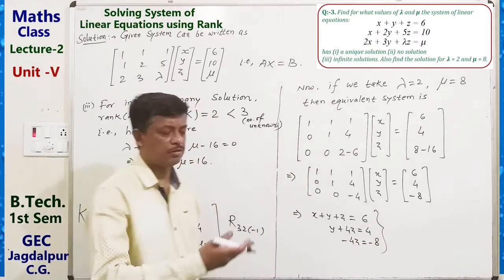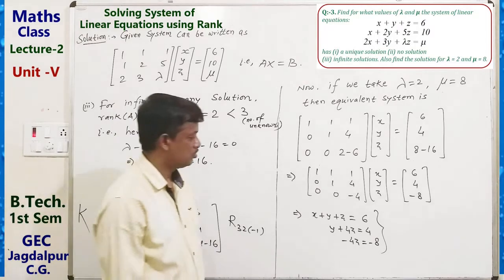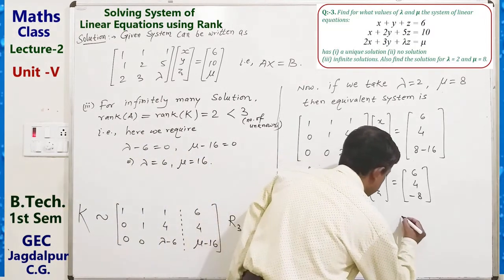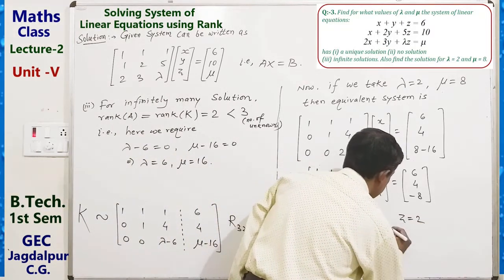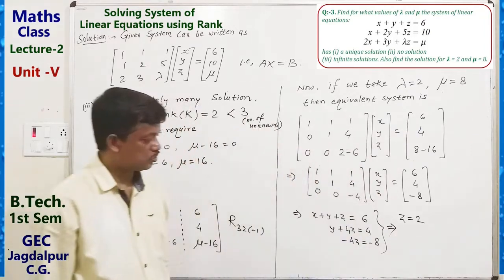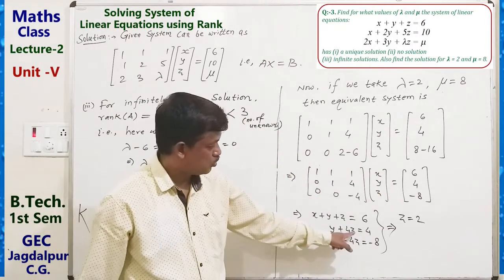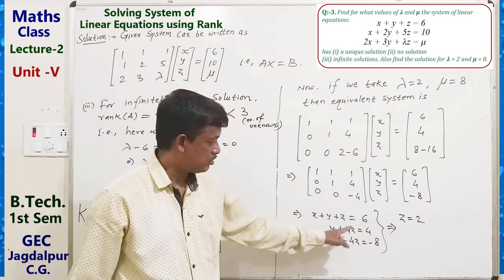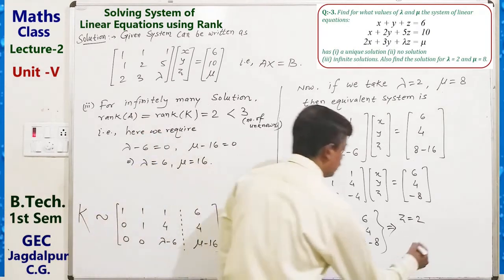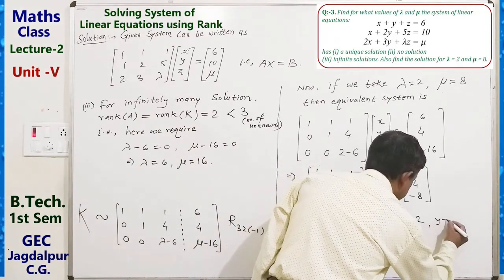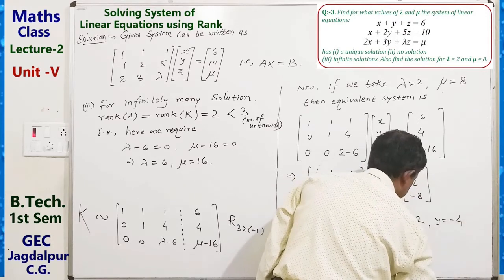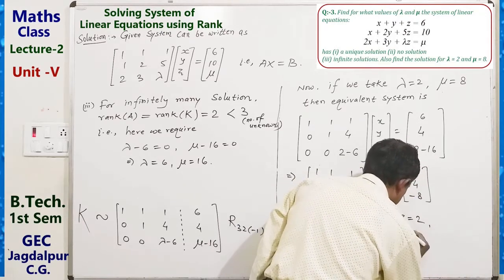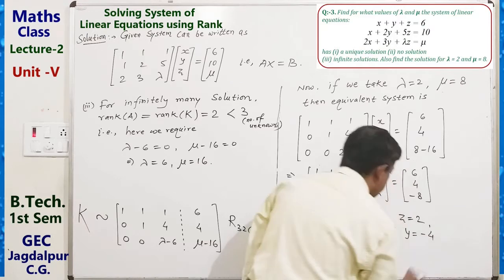So this can be solved. z equals 2. Then y equals 4 minus 8, which is minus 4. So y equals minus 4.